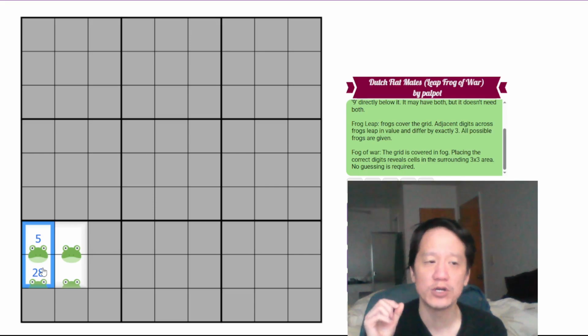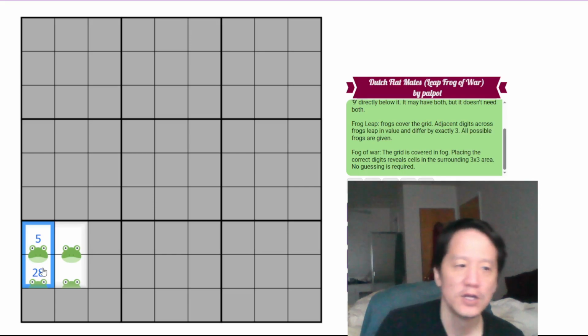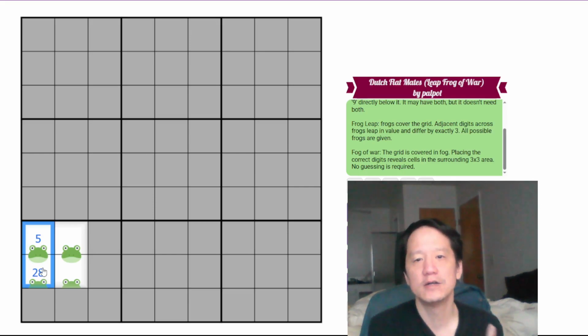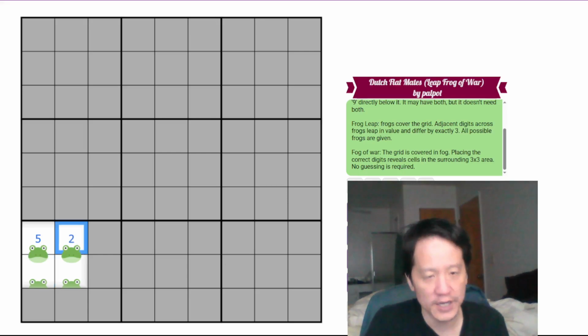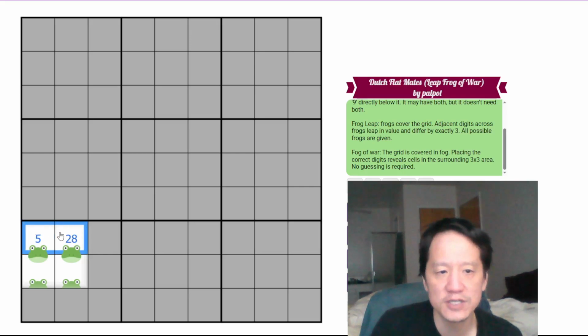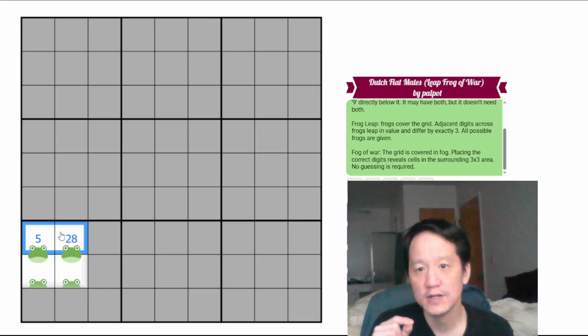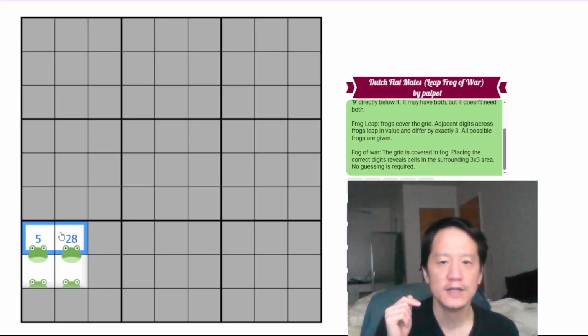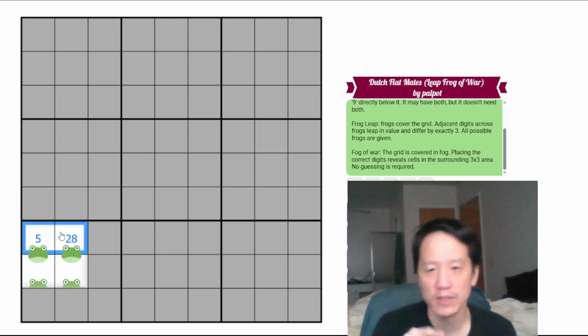This is what we call in variant Sudoku a negative constraint, because it's saying that if you had, say, a 5 here, you could not have a 2 or an 8 here, because there would have to be a frog in between them to signify that, because all possible frogs are given. All cells where you have a difference of exactly 3 must have a frog in between them, right?